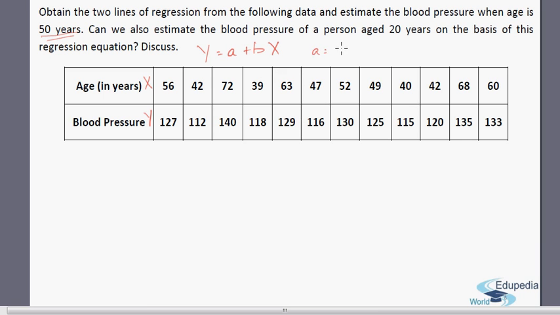The value of a is 87.2 and the value of b is equal to 0.72. Therefore my equation now would be y equals 87.2 plus 0.72 times x.